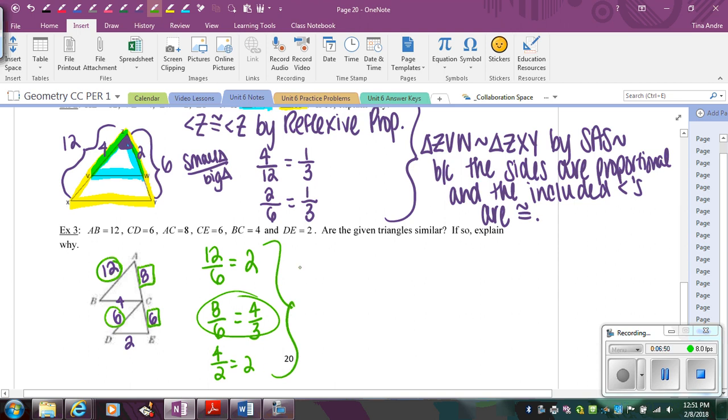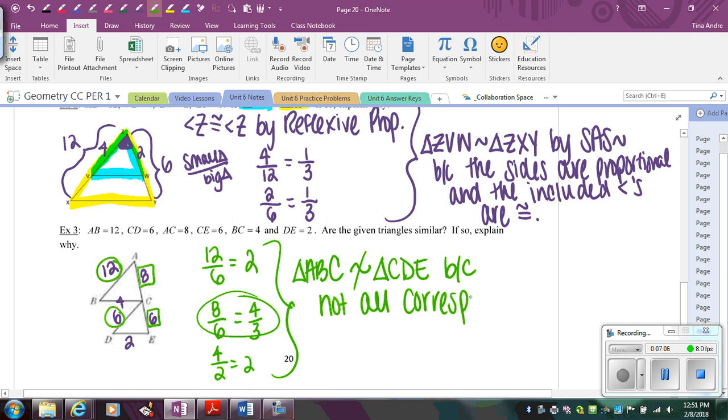So triangle ABC is not similar to triangle CDE because not all corresponding sides are proportional, or in the same ratio. Therefore, the triangles are not similar.